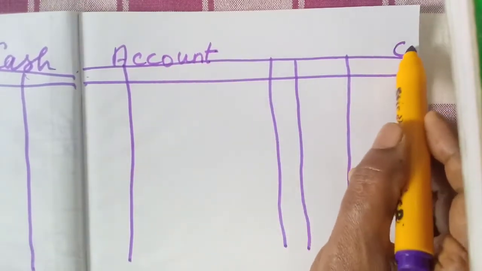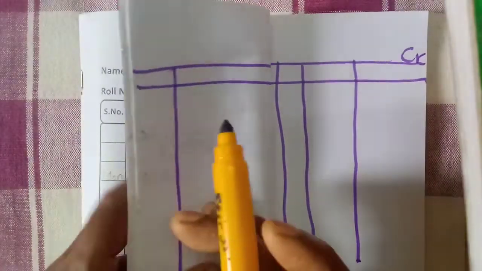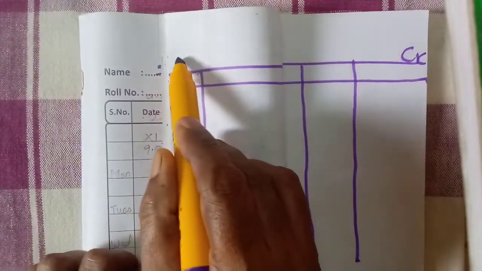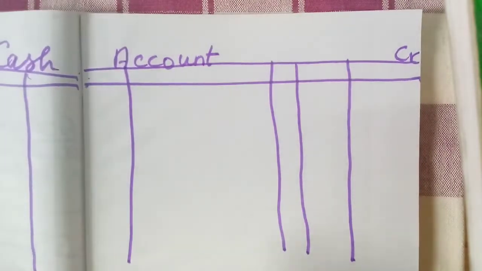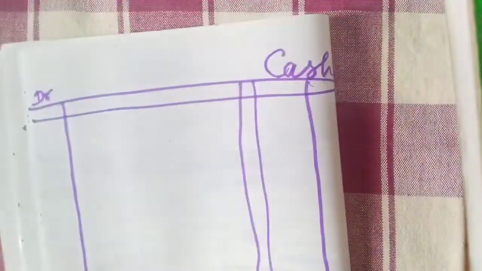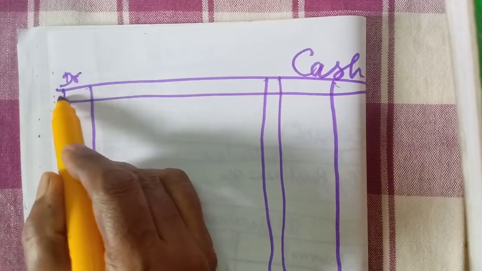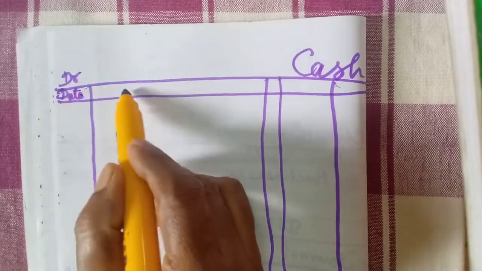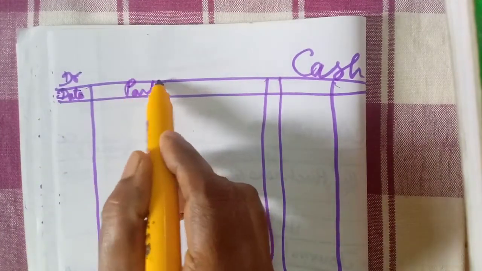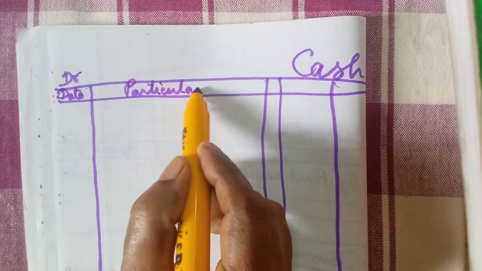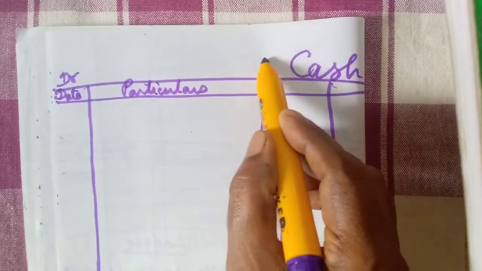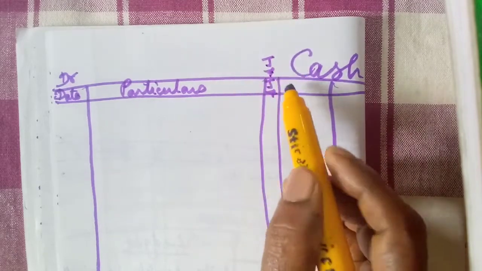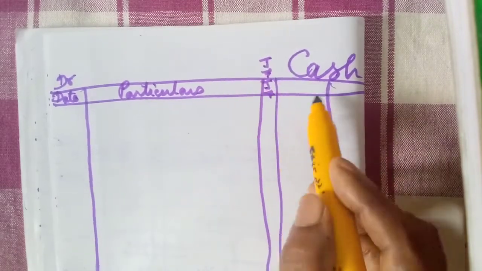Now here creditor. Here first debtor. Then date, particulars. Here JF. Okay, JF. That means journal folio.